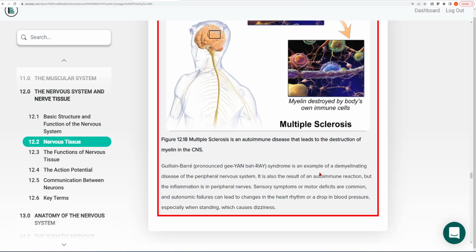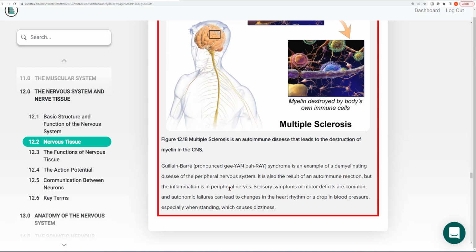There's another sister disease to MS called Guillain-Barre disease. Similarly, this disease attacks the Schwann cells. So this is a disease of the peripheral nervous system. It's also autoimmune, but again, only in the periphery.